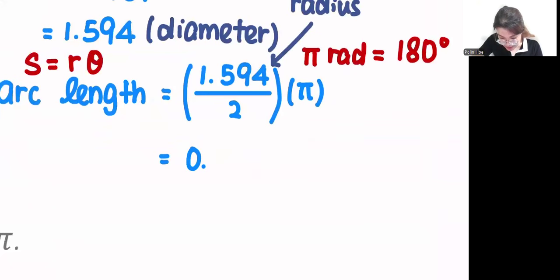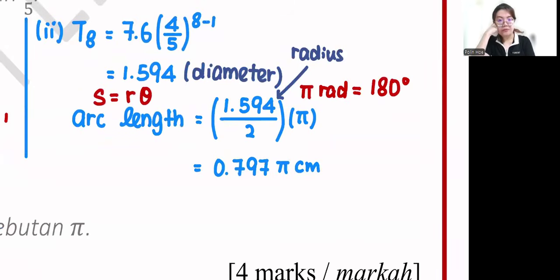You don't write first, please. By cm. Did you realize what is the problem now? What is the problem now? My final answer, only 3 significant figures. Means I cannot get the mark. I will not get the mark.